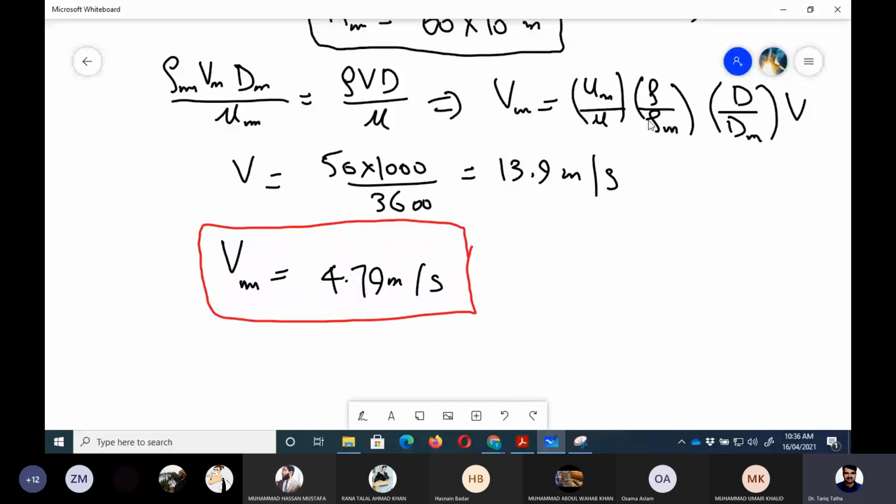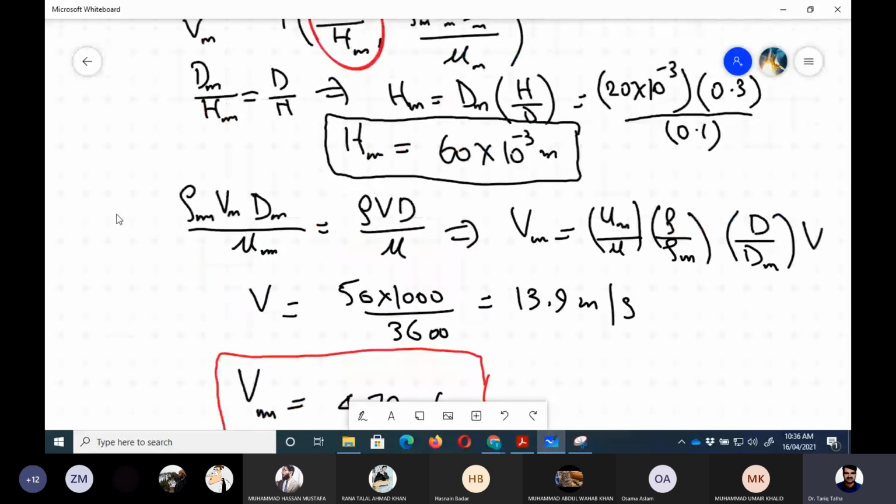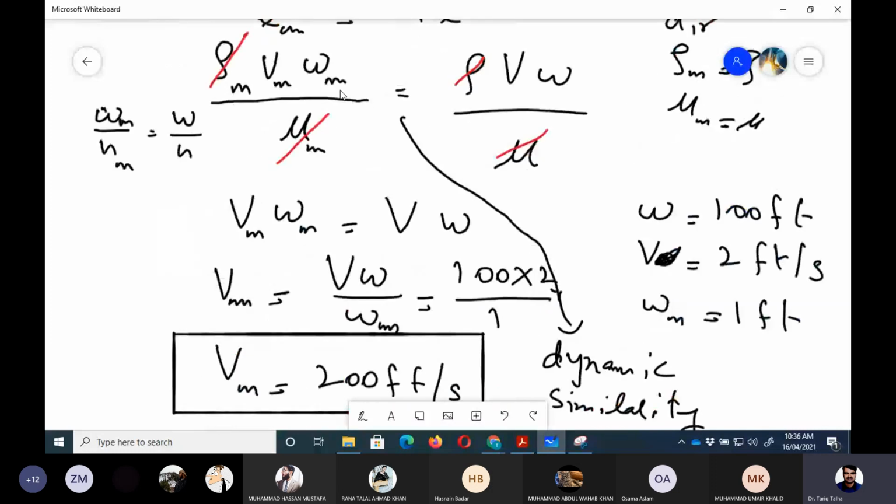If you remember, for that example, the fluid where the model is operating and where the actual system is operating was the same.